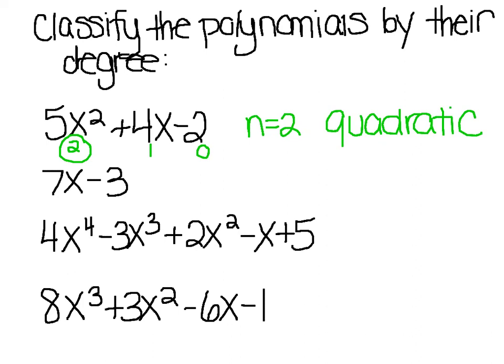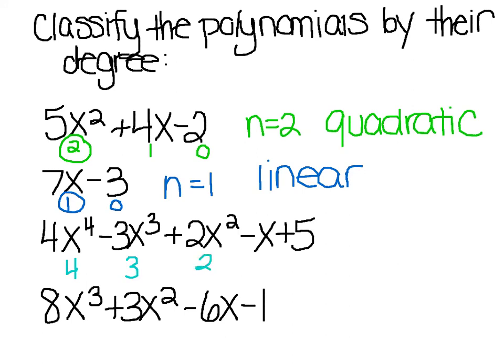Okay, looking at this, we have a degree of 1 and a degree of 0. This is the highest degree, n equals 1, therefore it's called linear. With the next one, we see that we have 4, 3, 2, 1, 0. This is my largest degree, n equals 4.